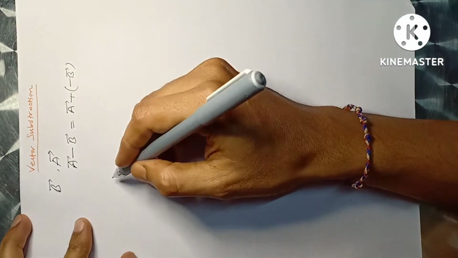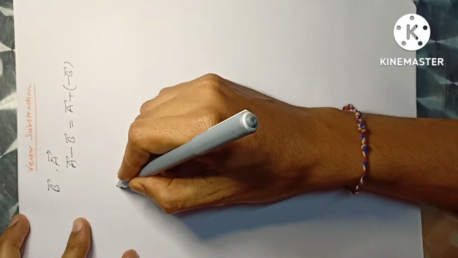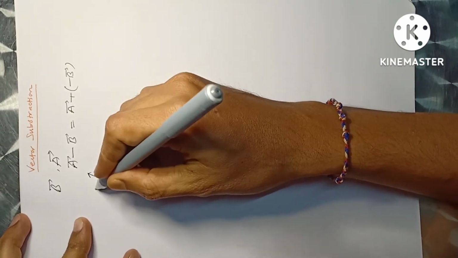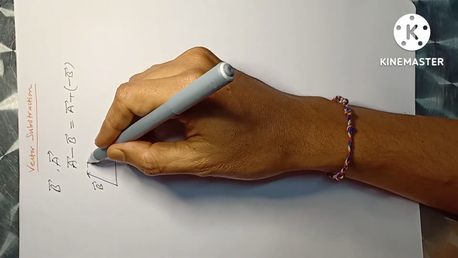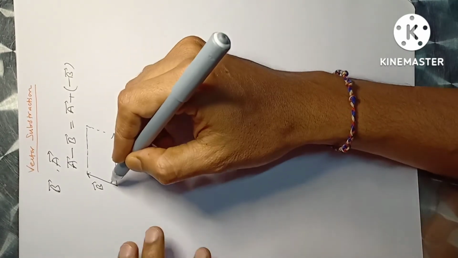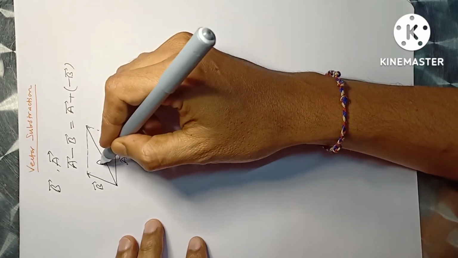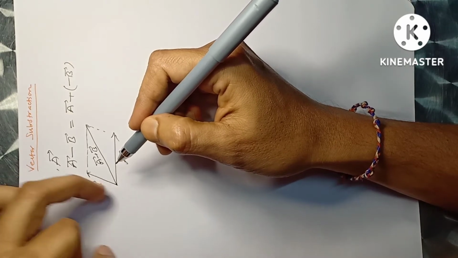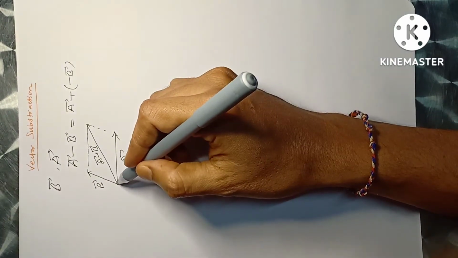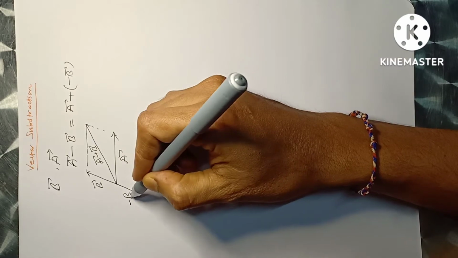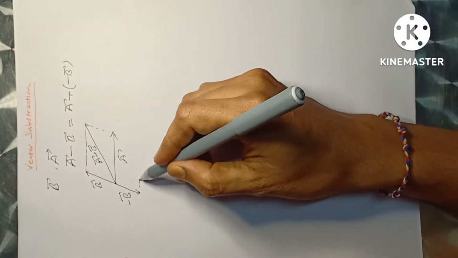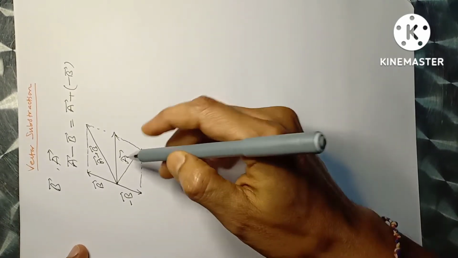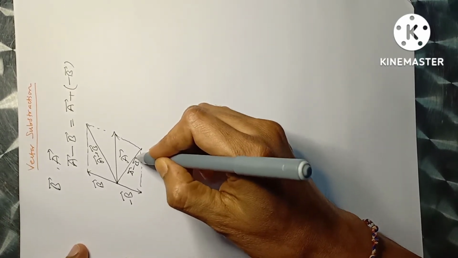In case of parallelogram law, if this is a vector and this is b vector, then a plus b is represented by this diagonal. Along the direction of b, the opposite direction will be minus b vector. So we can redraw and complete a parallelogram. Then this diagonal represents a vector minus b vector.